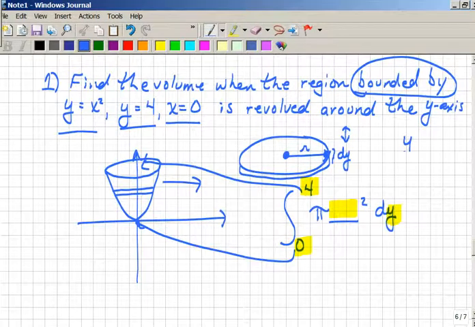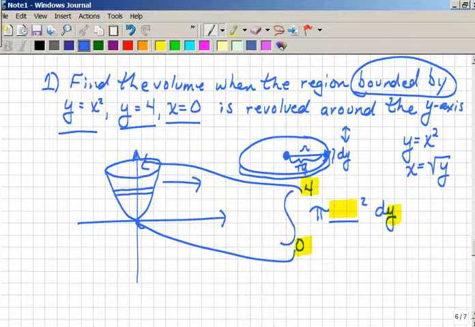Now remember, the curve was y equals x squared, but we have to solve that for x in terms of y. So I just take the square root of both sides. x equals the square root of y. So the radius, the distance from the axis to the outer edge, is represented by the square root of y minus 0, or just the square root of y.